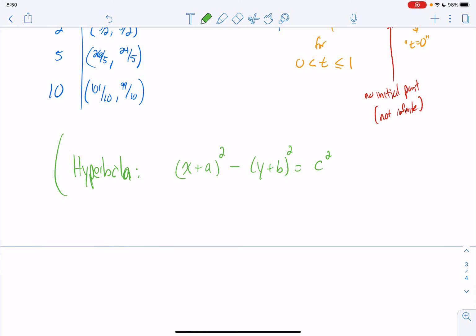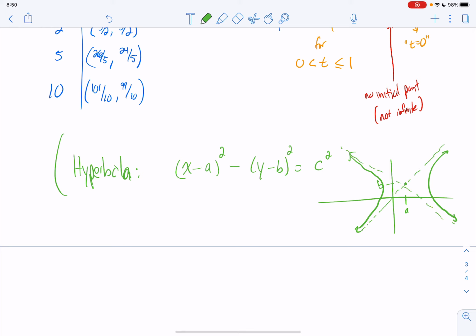And the picture for this is always going to be something at, I guess I should write this as minus, so this is going to be at a comma b. That's the sort of center of my hyperbola. There are going to be two sort of parabolic looking wings on either side of it in an equidistant way. And you might recall, for example, that there's sort of these transversal lines in between them. And this forms some sort of a box that your hyperbola can't touch.